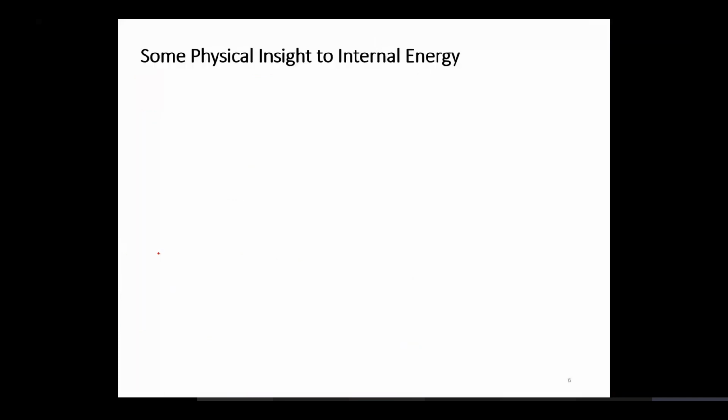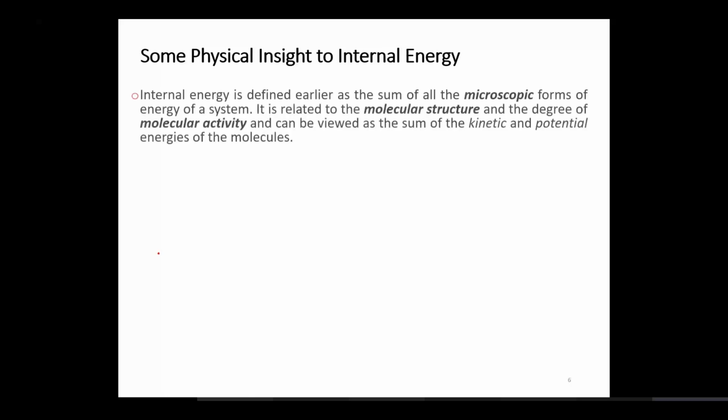What are the components that make up the internal energy of the system? The components that are related to the molecular activity, that means the energies of the molecules. One is that component. The other component is the molecular structure. When you talk about the molecular activities, there are generally three kinds of molecular activities taking place within the system.